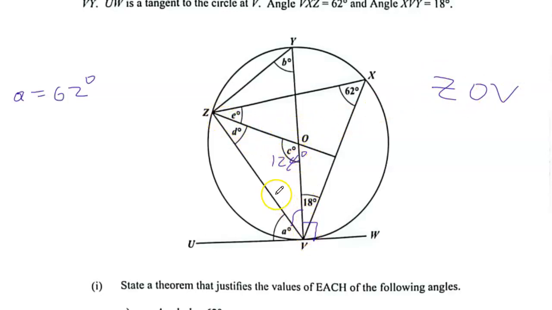So the opposite angles are also equal, and all angles should give 180. If you subtract 124 from 180, you'll be left with 56. So these two angles should give 56. So this should be 28 degrees. D should also be 28 degrees.